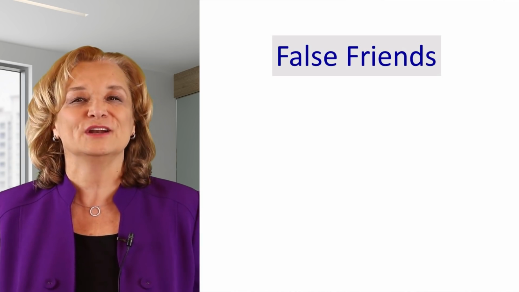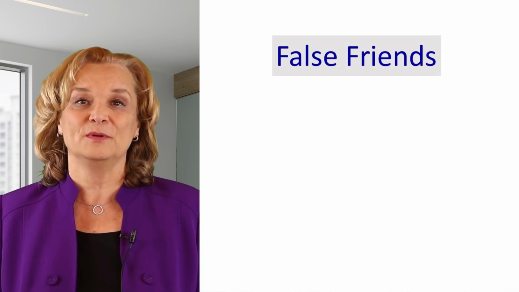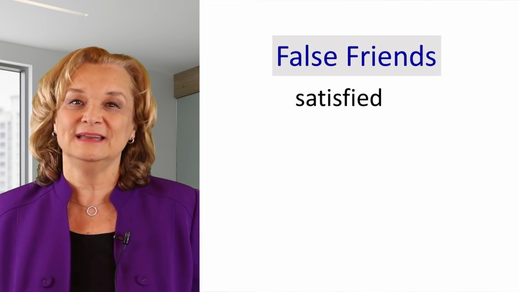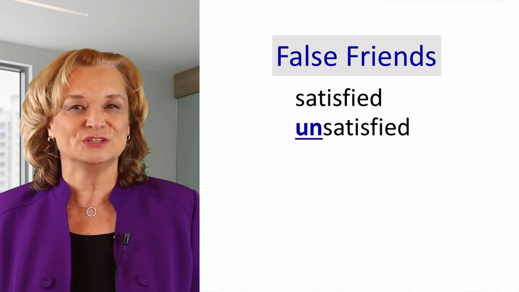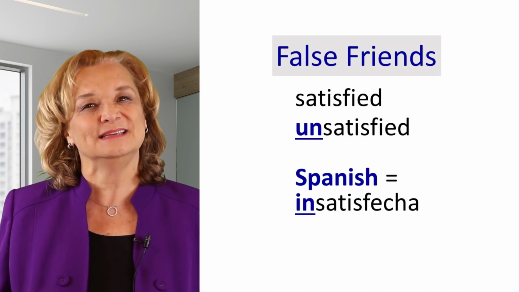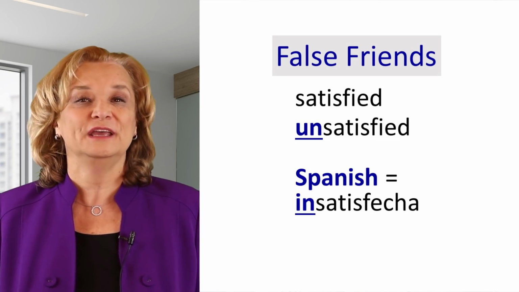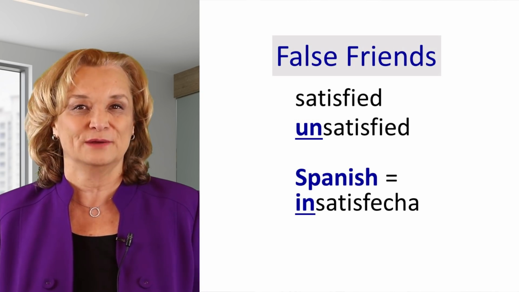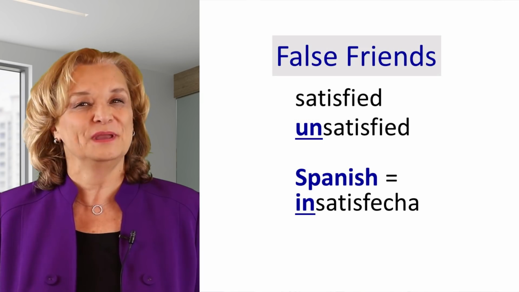These are words that are similar in English and your native language. For example, for the word satisfied, in English the prefix is unsatisfied, but for Spanish it's insatisfecha or insatisfecho. It's not always the same prefix if your native language is a Romance language, Spanish, Italian, French, Portuguese, or Romanian. Be careful about that.